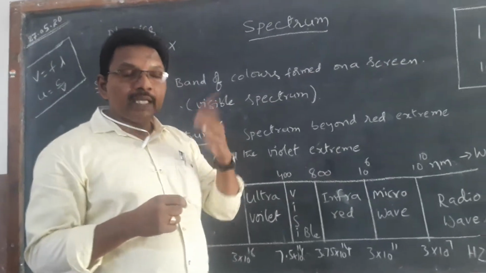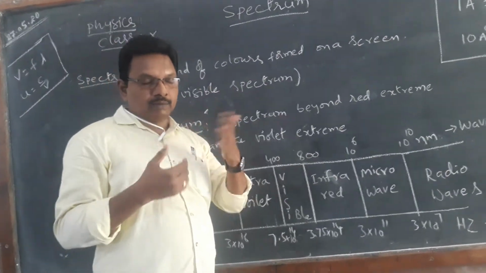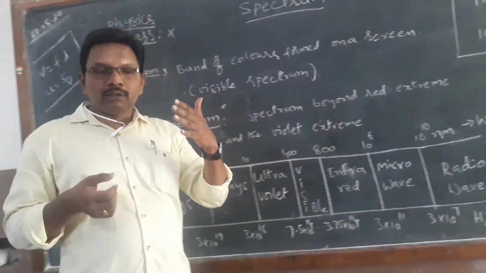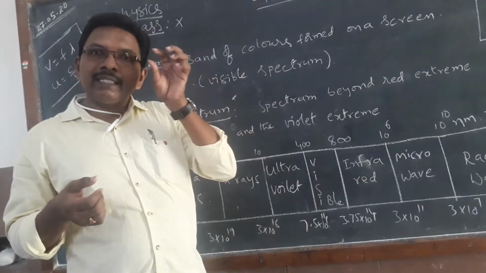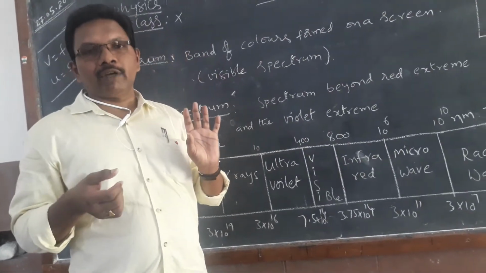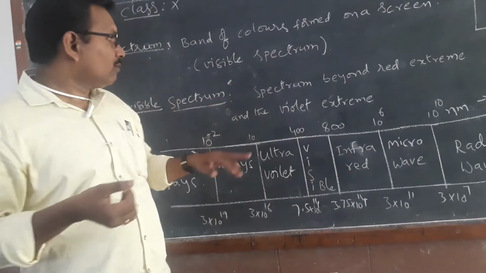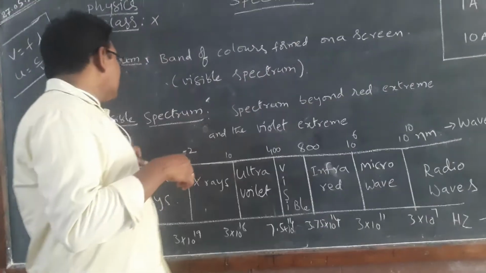There are so many frequencies. Each color has a different frequency and different wavelengths. But only some part we can see with our eyes. Some part we cannot see with our eyes. What we cannot see with our eyes is called invisible spectrum.